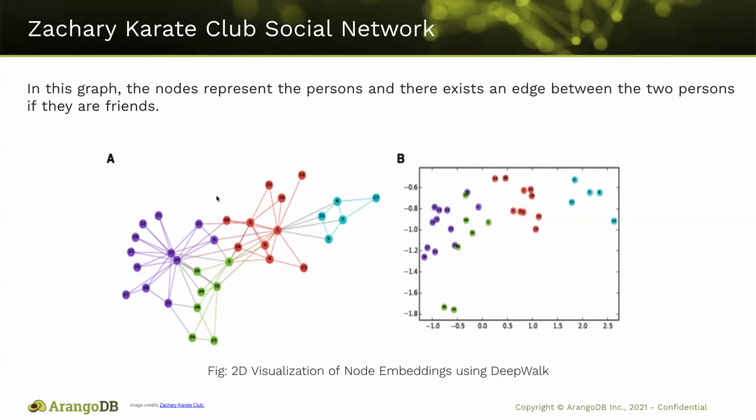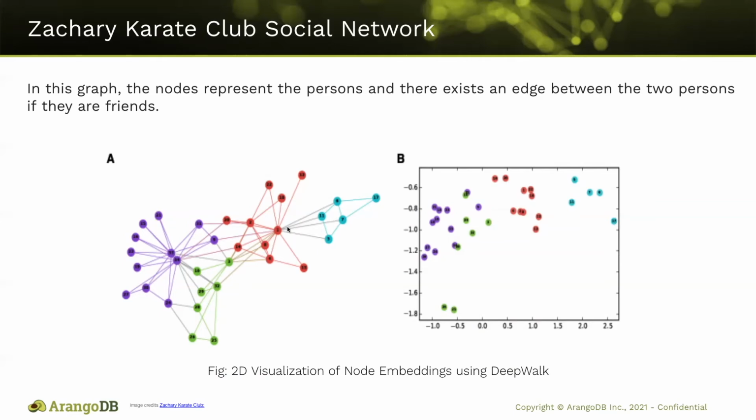In figure A, we can see the Zachary Karate Club social network, and figure B illustrates its corresponding 2D visualization of node embeddings created from the DeepWalk algorithm, which is one of the graph representation learning methods.